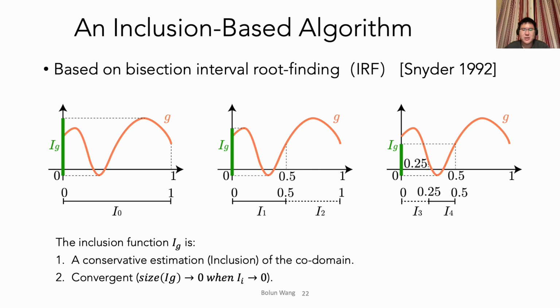Checking if the origin is contained by the function g can be conservatively estimated by checking intersections between the origin and the inclusion function. And the inclusion function is convergent to 0, which allows us to get more and more accurate root finding results by bisecting the interval I.